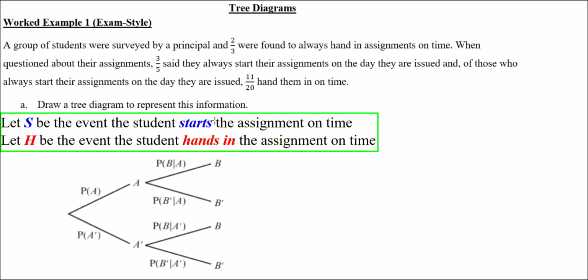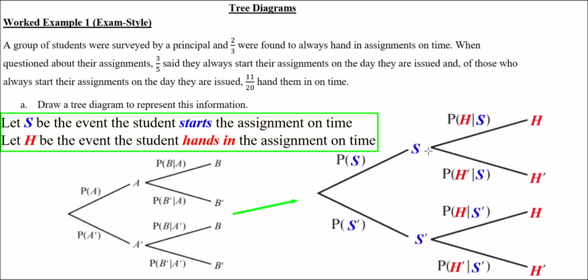So instead of A and B, and A dashed and B dashed, like we had here, we can switch A for S and the event B for H, and likewise A dashed is S dashed now, and B dashed can be H dashed. So just taking this diagram here, but replacing it with S's and H's, we have this, which we can now think about populating with information from this paragraph. So let's talk this through step by step.